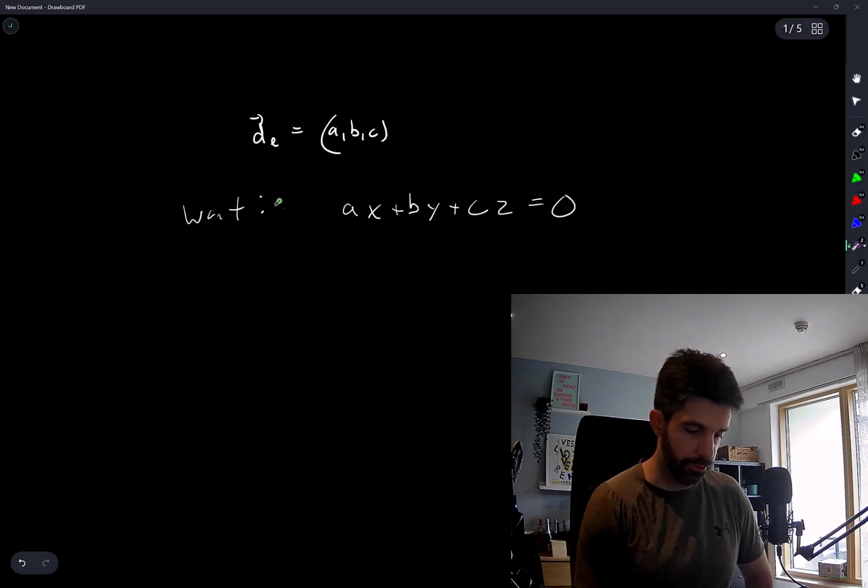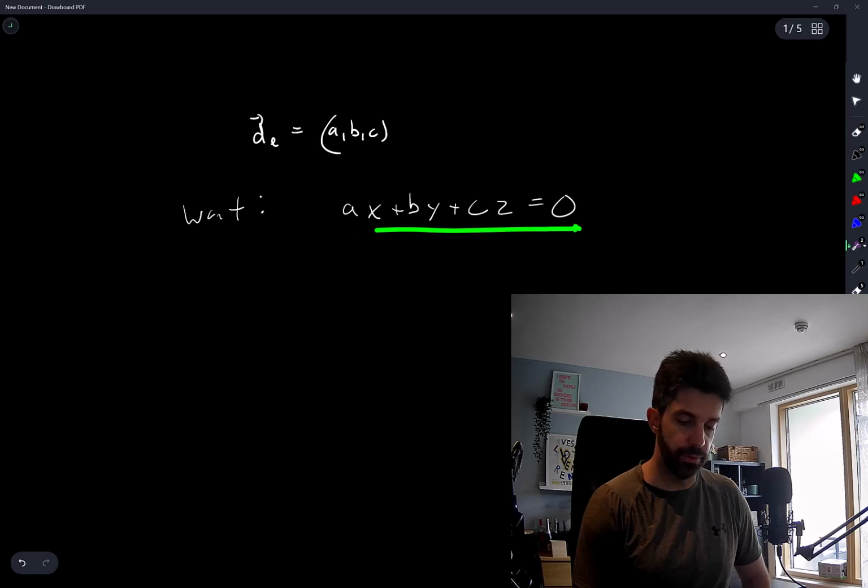So first I have to find the direction of the line L, and then we're just looking for this equation.